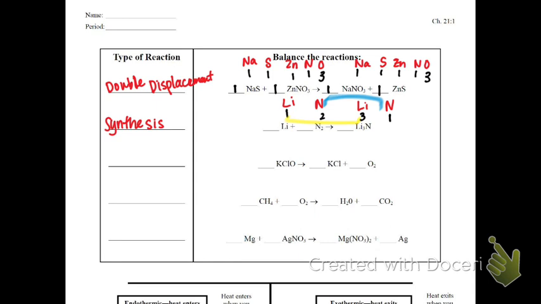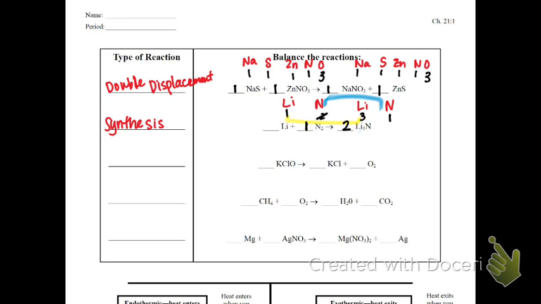Since there's only 1 nitrogen in the combination, let's start there. How many nitrogens do you need to match? 2 on which side? Li3N needs to be 2. 1 on the other side.